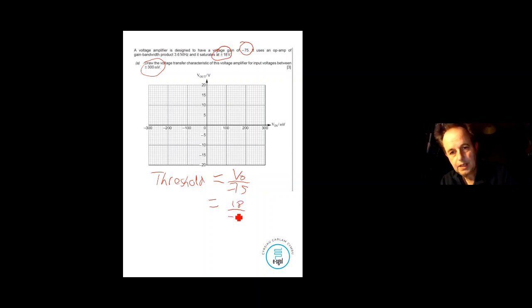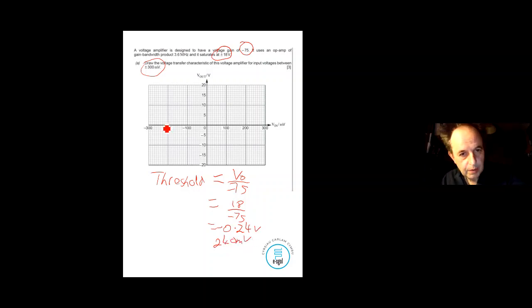If I take that minus 18 divided by the minus 75, this will give me 0.24 volts, and it's a minus. So that'll be 240 millivolts.